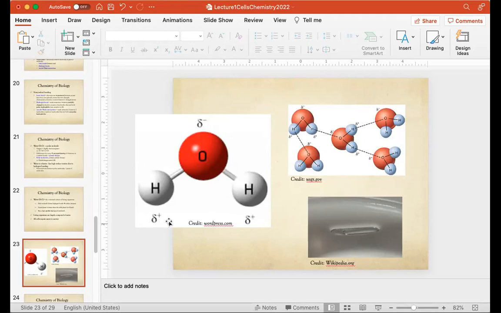These are partial charges. They are not actual charges. They are within the molecule. They are regions within the molecule that are either slightly more negative or slightly more positive because of the positioning of those electrons. Polar molecules have partial charges in them.